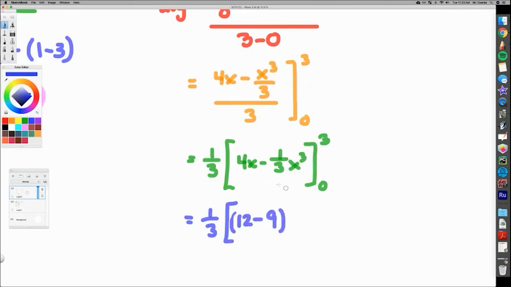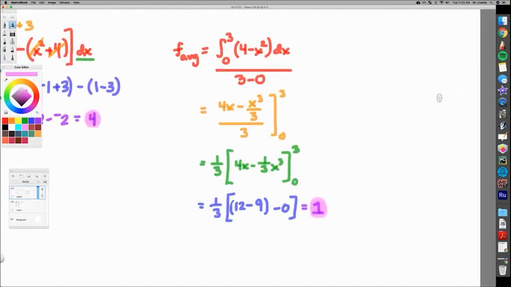Now the cool thing about the 0 here is you plug 0 in, you get 0, so that makes it easy. Then you have 3 times 1/3, which is 1. Did anyone else get that? Yeah, I did. Awesome. Okay, we're still going to check it on our calculator, but I just want to see if anyone else got it.